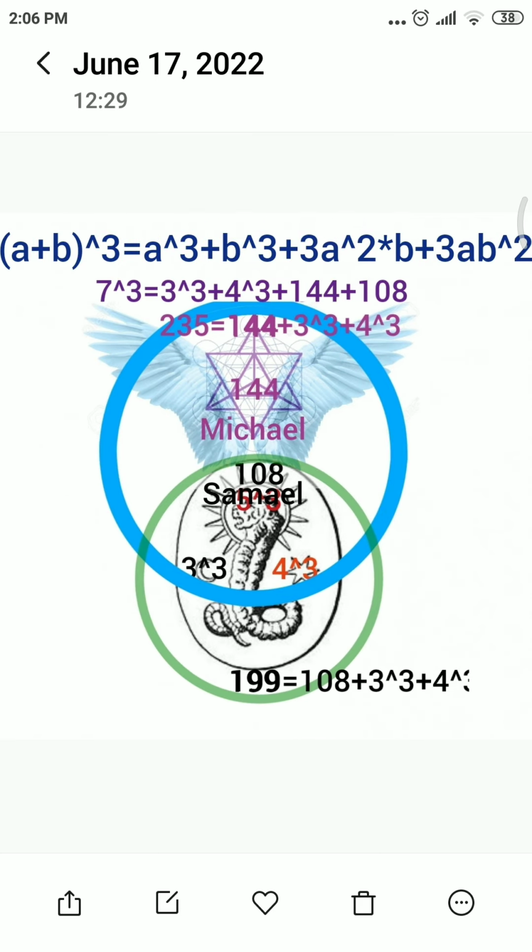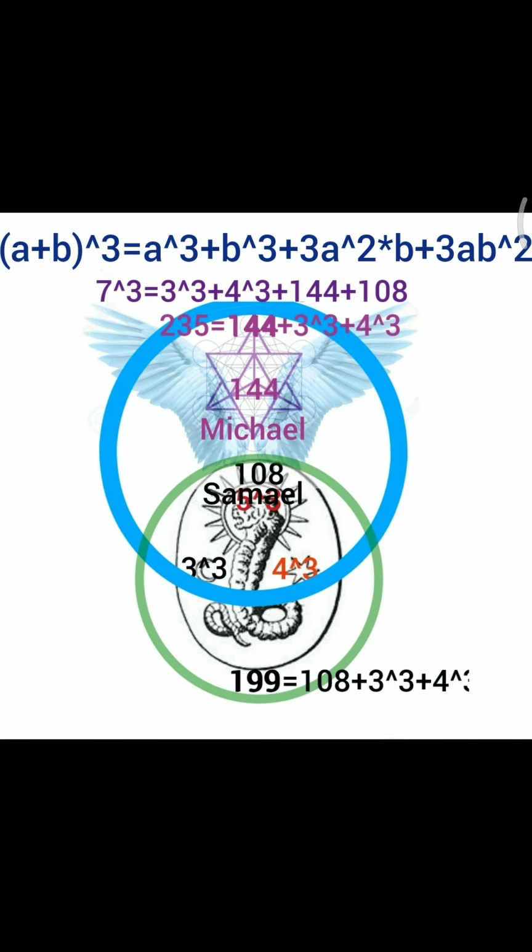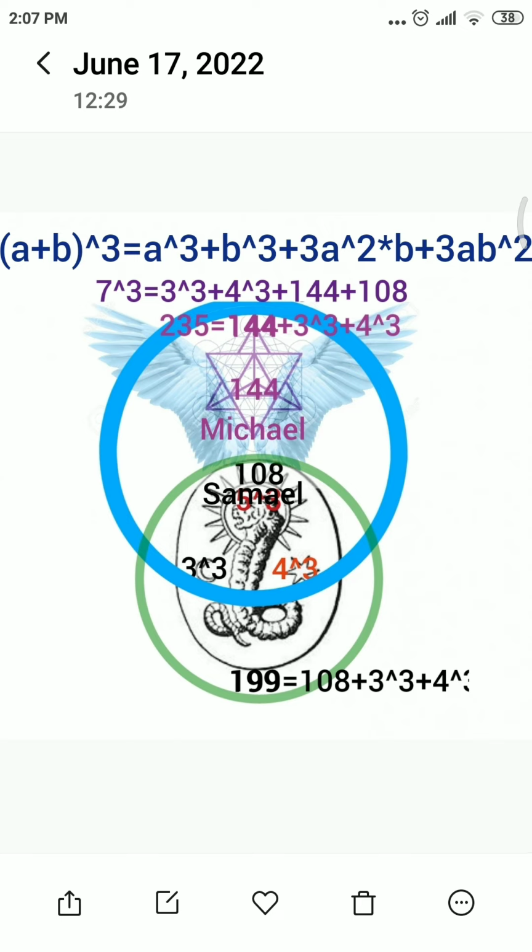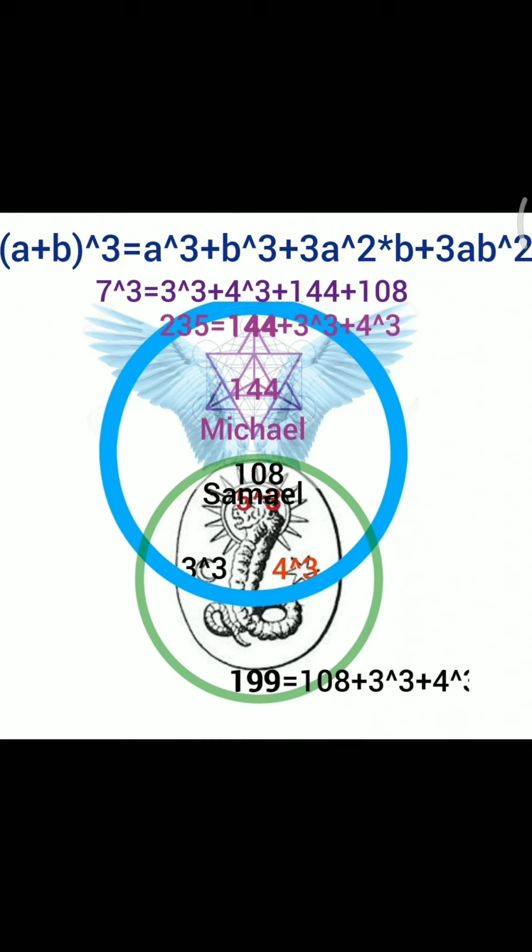That's about 8 cube. Now let us see what 9 cube, analyzed this way, would mean. 9 cube can be thought of as 4 plus 5 cube. What would be the expansion? 4 cube plus 5 cube, 3 into 4 square into 5 plus 3 into 4 into 5 squared.